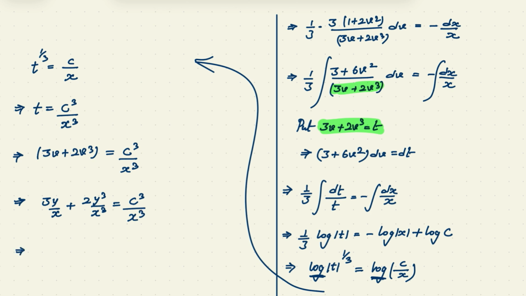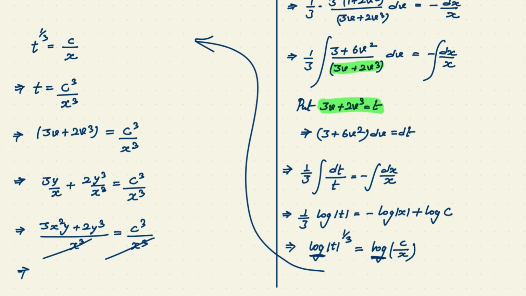Here let us take the LCM, then we will have x cube in the denominator, and here we will have 3x square y plus 2y cube equals to c cube by x cube, and this x cube got cancelled. Hence the final solution for this differential equation is 3x square y plus 2y cube equals to c cube.